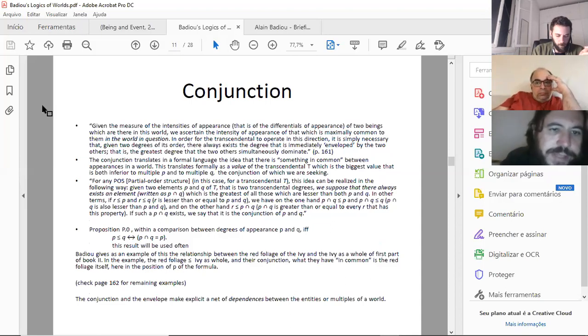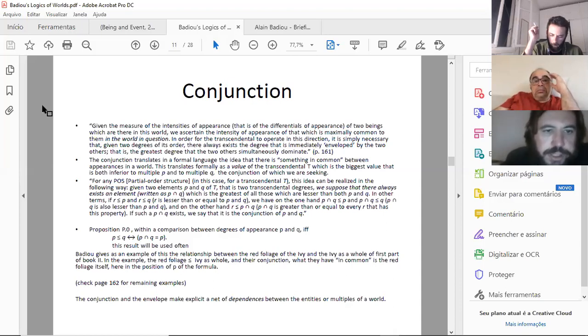Conjunction then. Given the measure of the intensity of appearance, that is, of the differentials of appearance of two beings which are there in this world, we ascertain the intensity of appearance of that which is maximally common to them in the world in question. In order for the transcendental to operate in this direction, it is simply necessary that, given two degrees of its order, there always exists a degree that is immediately enveloped by the two others, that is, the greatest degree that the two others simultaneously dominate.